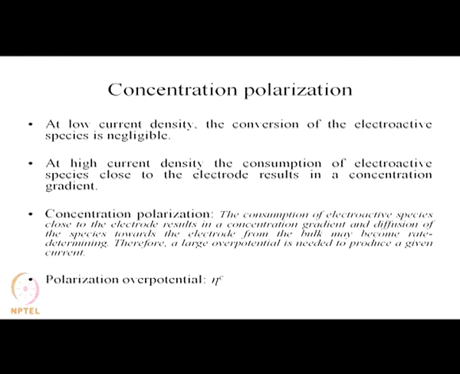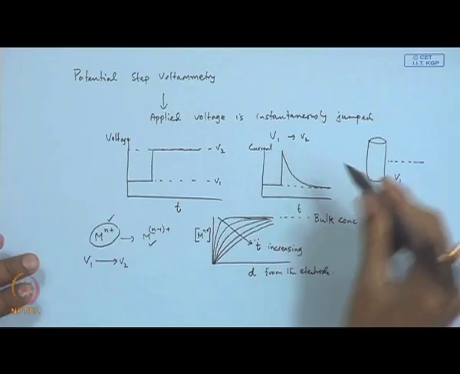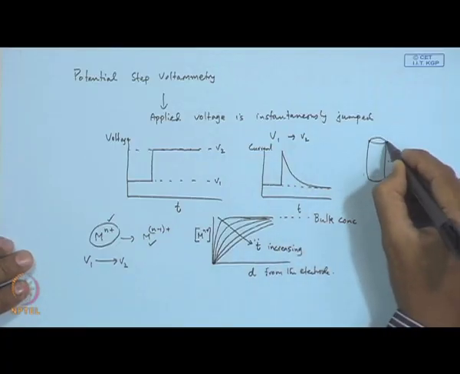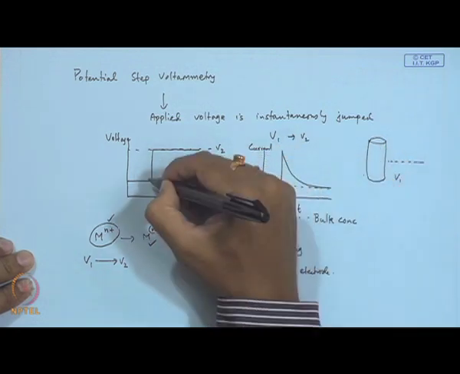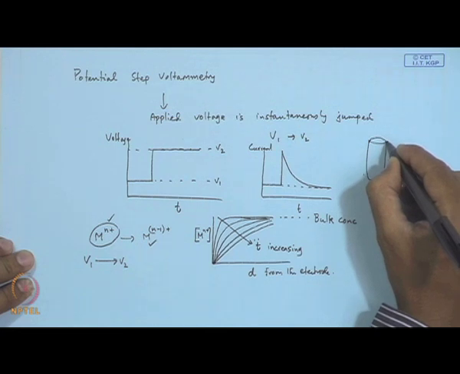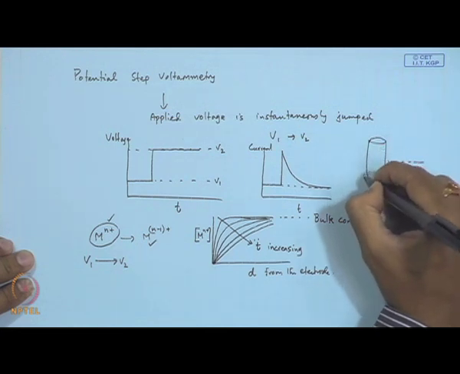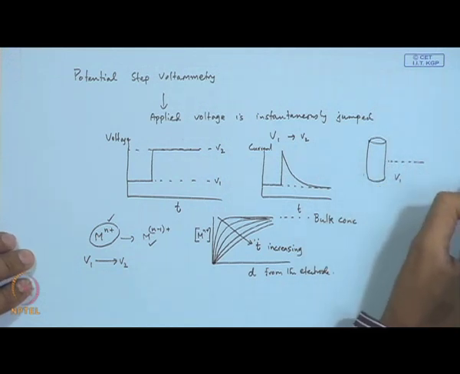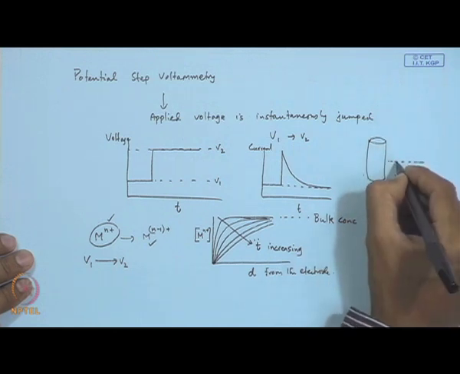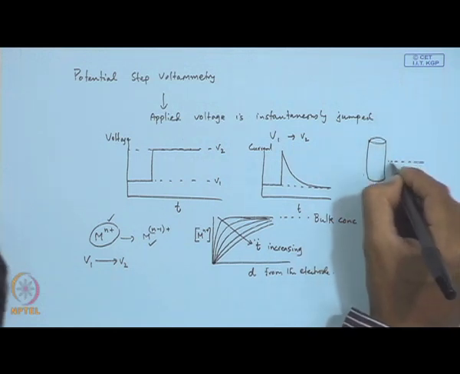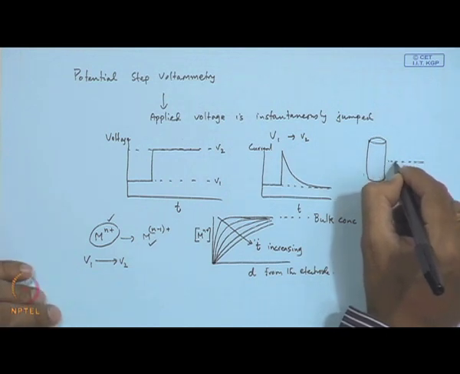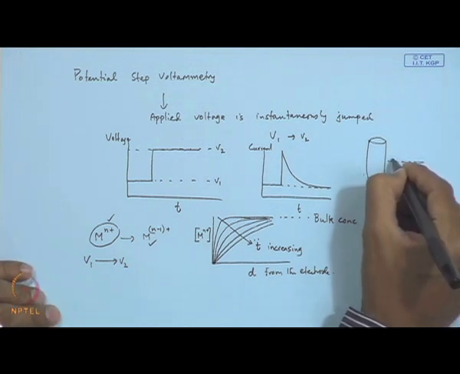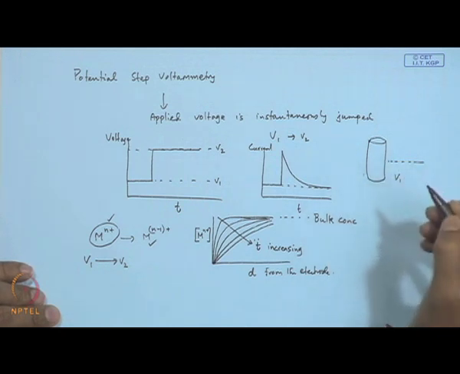As I told you, in potential step voltammetry, at the very start of stepping the voltage, all the ions close to the electrode are consumed, and then it starts to diffuse. It is not that the ions which were at a further position from the electrode will come instantly; it will require some time, and that is diffusion limited.